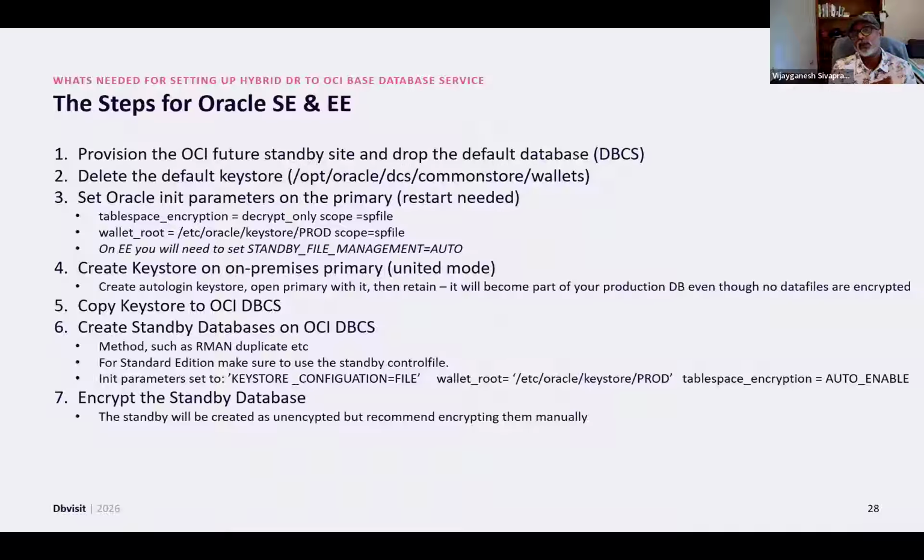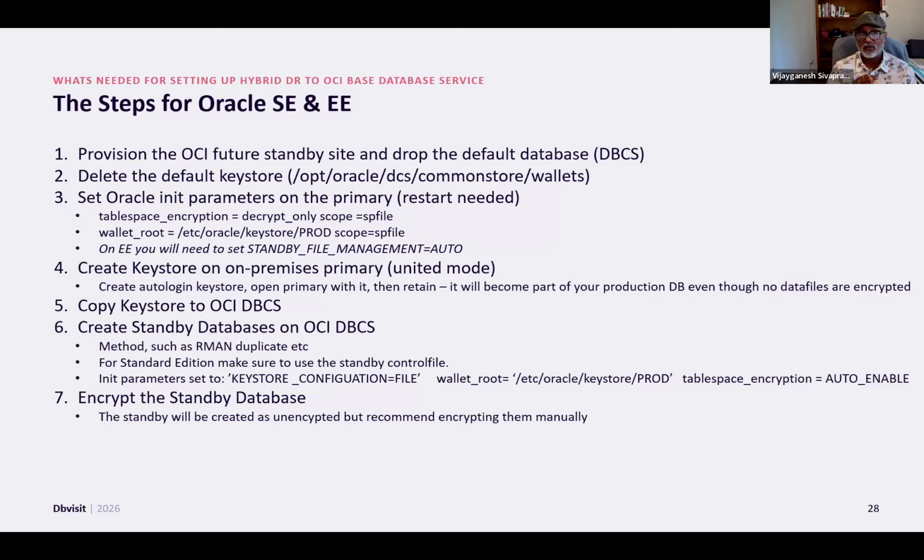The difference is that united mode has a single master key across both your container and pluggable databases, whereas isolated mode has multiple master keys for your multiple pluggable databases. With standard edition, only united mode is allowed; for enterprise edition, you can use isolated mode as well.